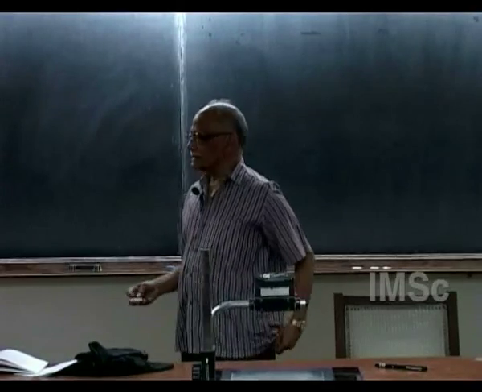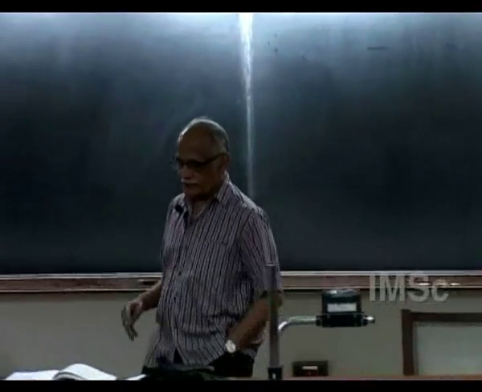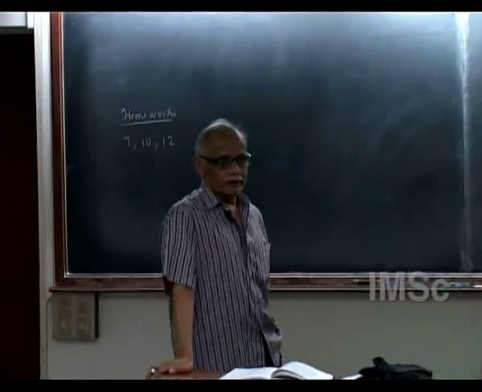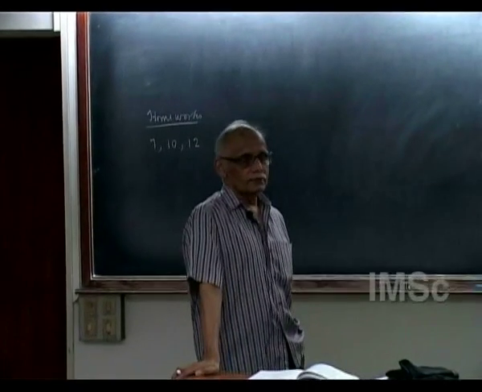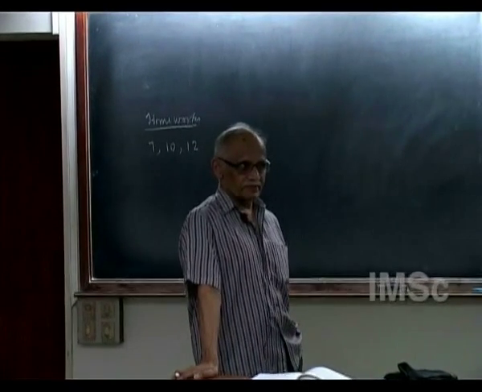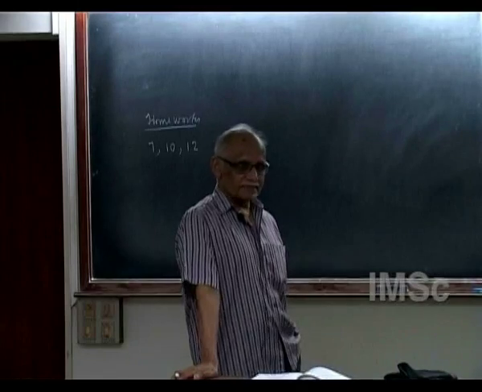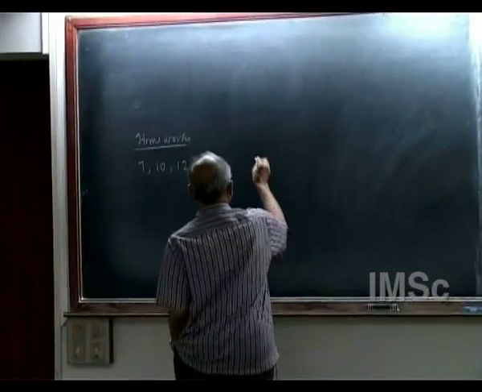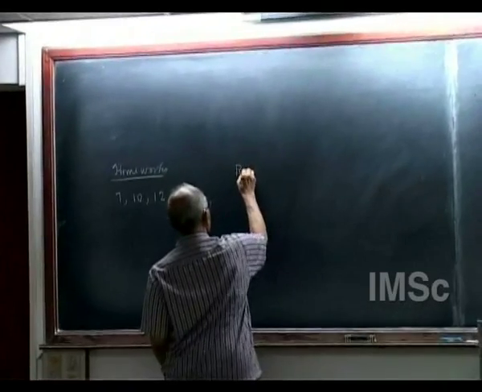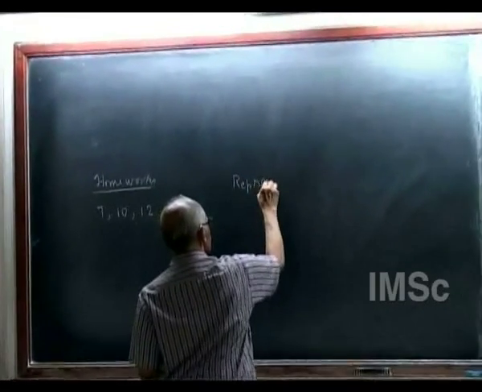So let me start. What I am doing now is entering the central set of topics of group theory from the physicist's point of view, namely representations of groups. So last time, I think this chalk is writing okay.